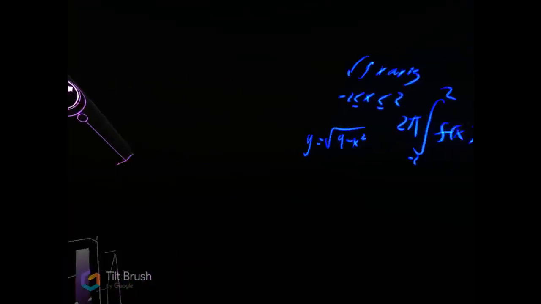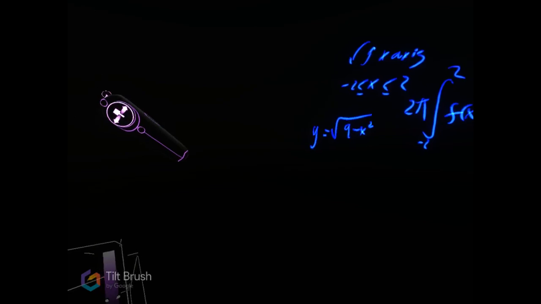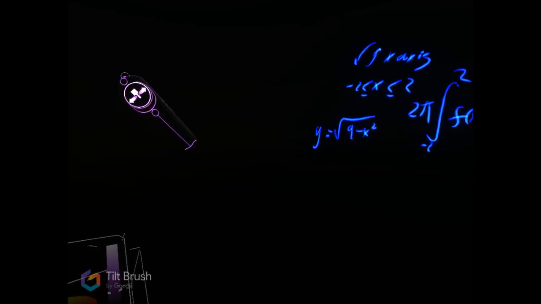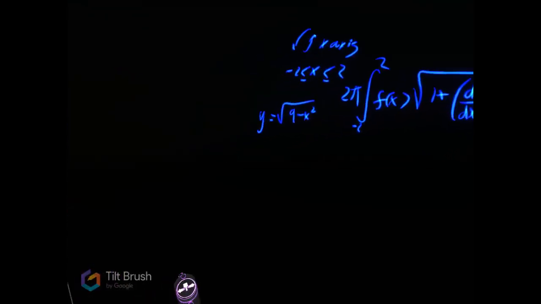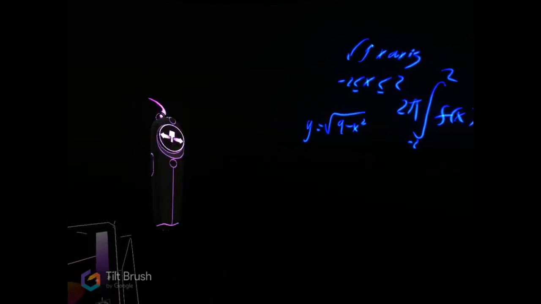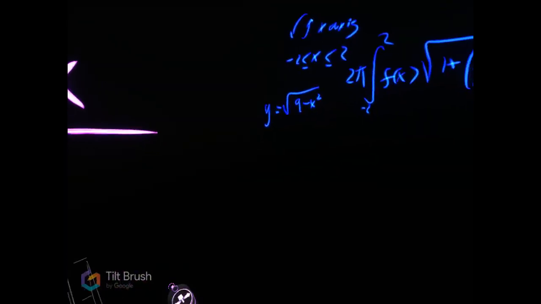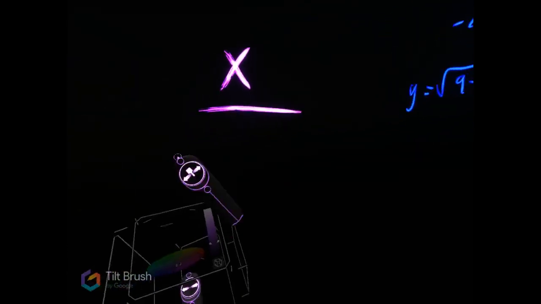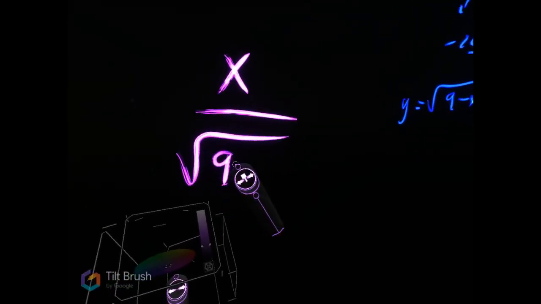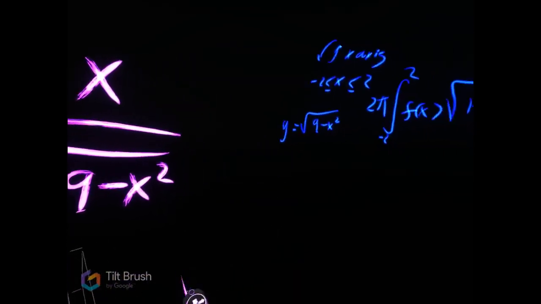Okay, well, what is y prime? So we have to square it. We're going to have x over root 9 minus x squared, right?